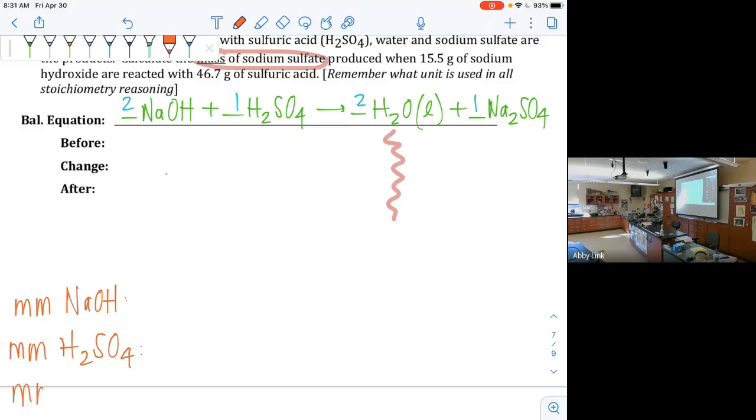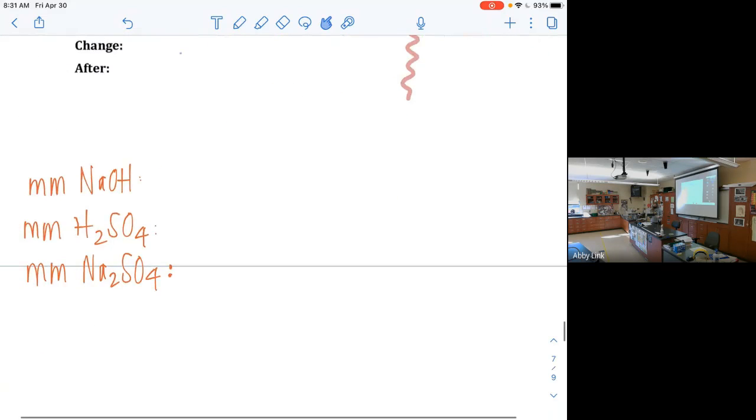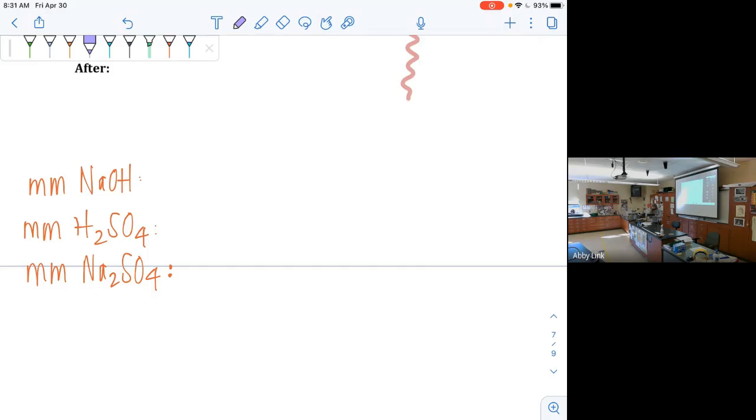How do you know I need that? Well, they want the mass of the sodium sulfate. So in my BCA table, I'm going to get moles, and then I'm going to have to convert it into grams, and I know I'm going to need molar mass, okay? If you don't want to do it in this order, it doesn't bother me. I just want to share with you how I solve these problems.